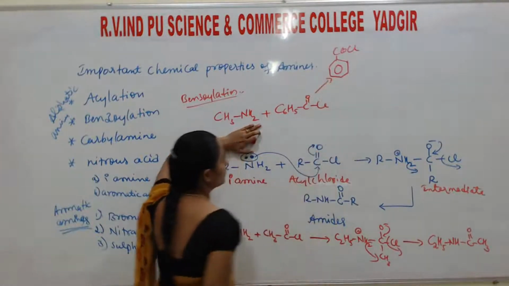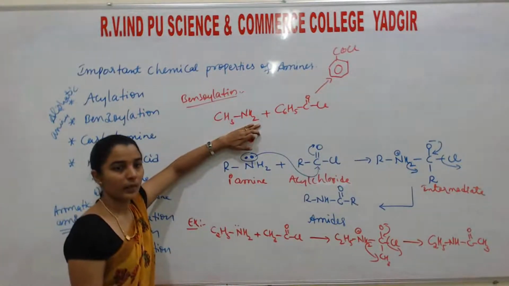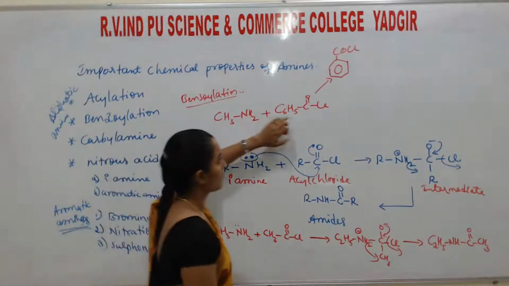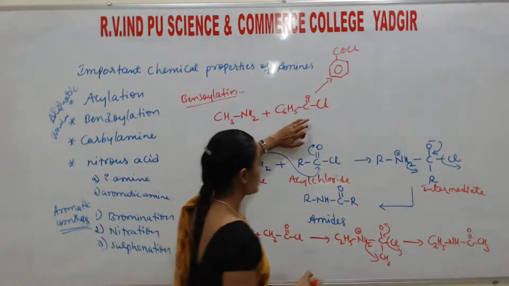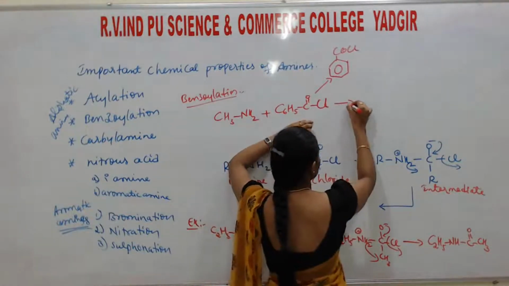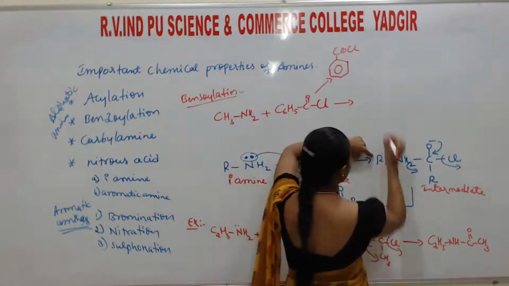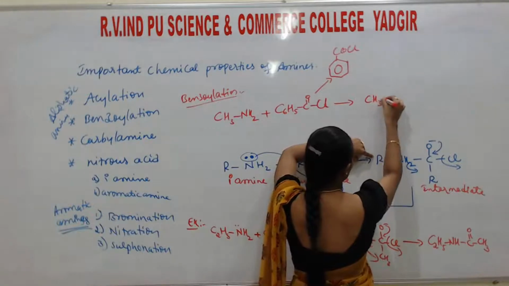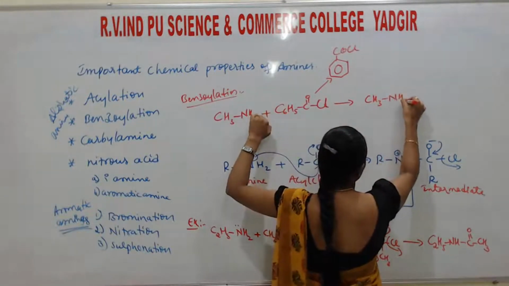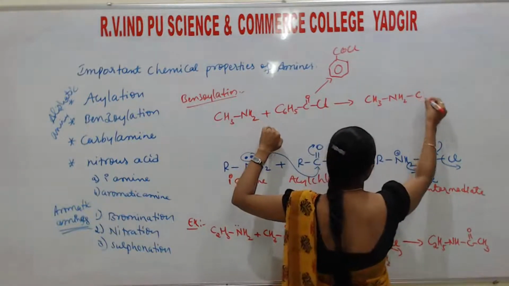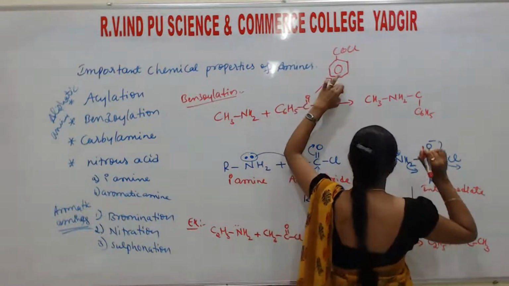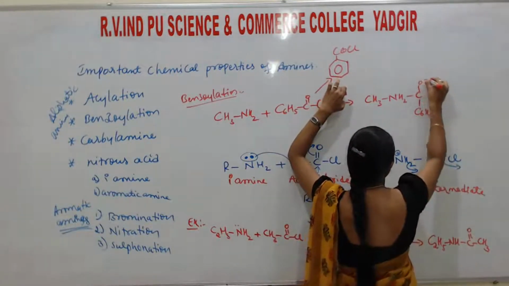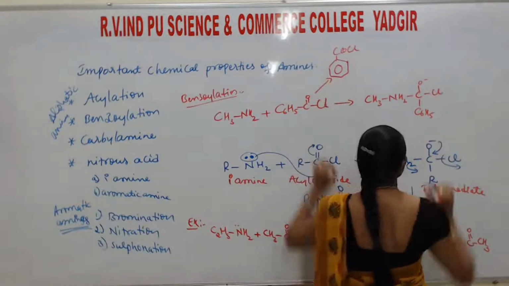Then they form the intermediate, that is, R means CH3 NH2 single bond C, here C6H5, the benzene ring, single bond O minus, and Cl.